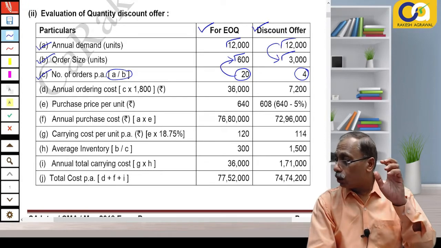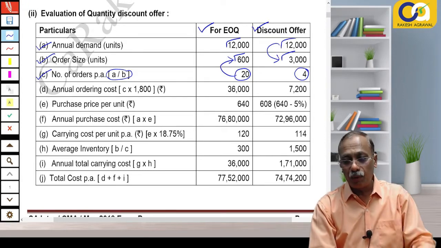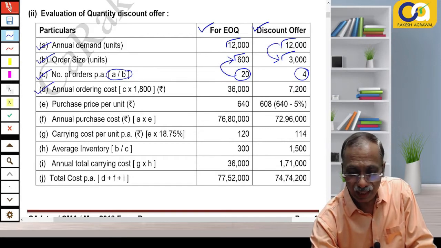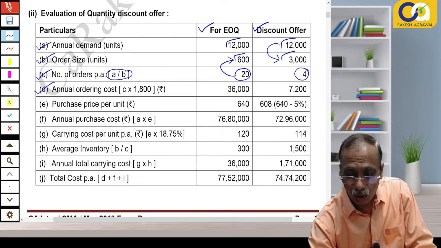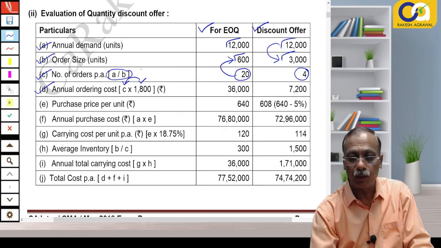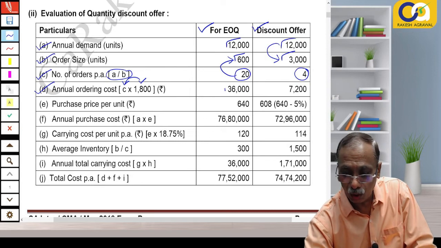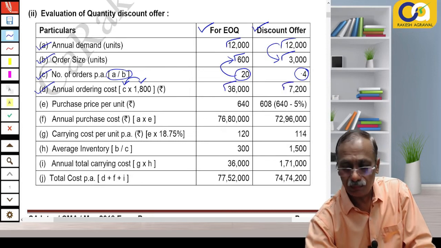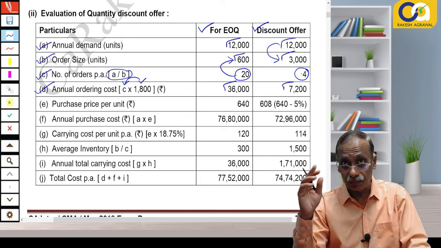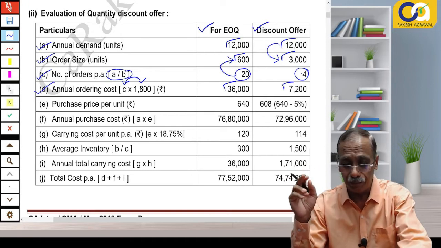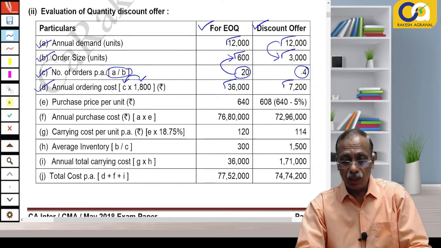Now our total annual ordering cost depends upon the number of orders. The cost of placing one order is 1800 into number of orders, that is point number C into 1800. If you do, you will get the total ordering cost here. Right, all this you are aware of. Please keep doing the calculations with me. So this is your total ordering cost.